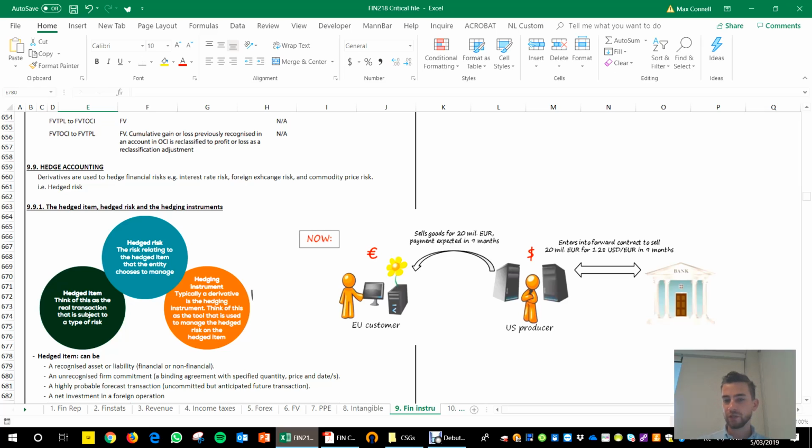So if this exchange rate goes down, your payable is now down $1 million, the forward contract will protect you 70, 80%, 90% of that loss through a fair value revaluation.